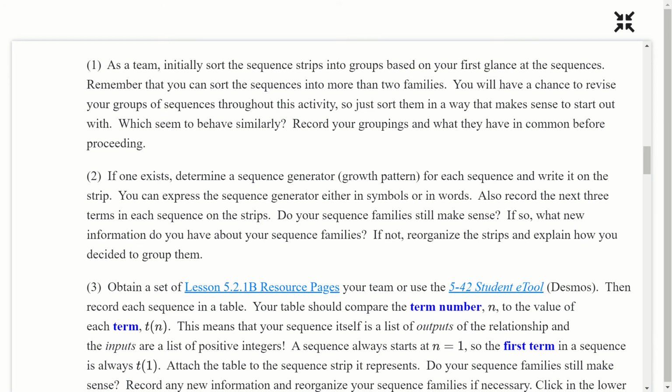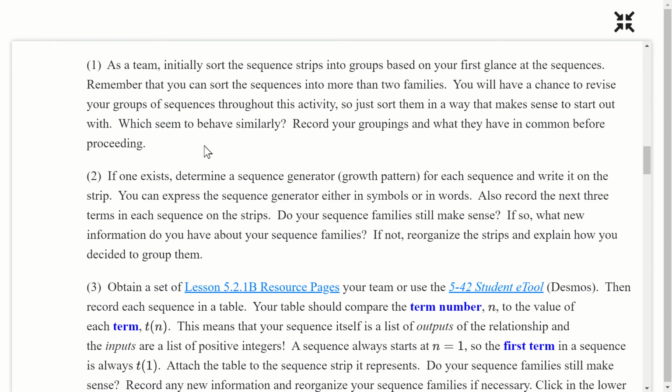So in slides, I think your first job as a team is to initially sort the strips into groups based on your first glance at the sequence. Remember that you can sort the sequence into more than 2 families, so it can be more than 2. You'll have a chance to revise your group sequences throughout this activity, so just sort them in a way that you think makes sense to start out with. Which seems to behave similarly? Record your groupings and what they have in common before proceeding.